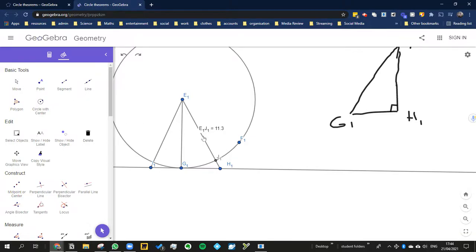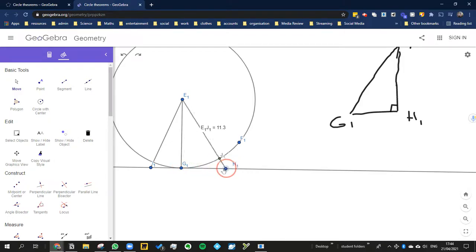Anyway, the distance from E1 to J1 is 11.3, and we just showed the distance from E1 to G1 is also 11.3 because that's the radius of the circle. And if that's the case, then this isn't the longest side. Doesn't matter where I put H1, it's always going to be the longest side, and it's only until I get it to equal G1 that it's a shorter side.